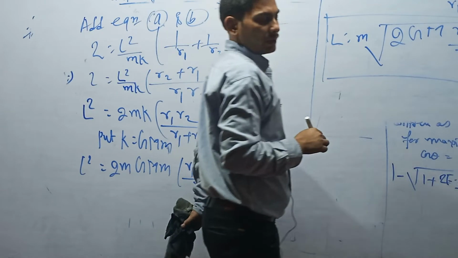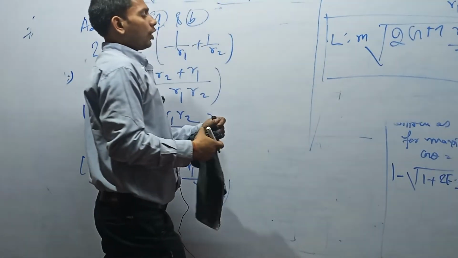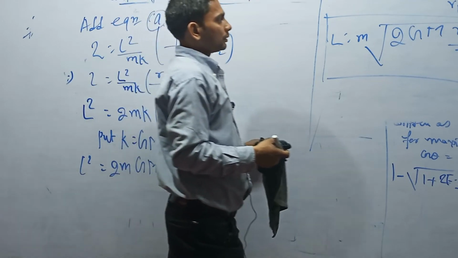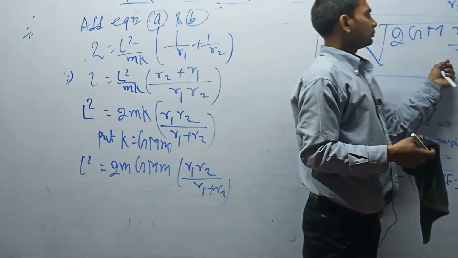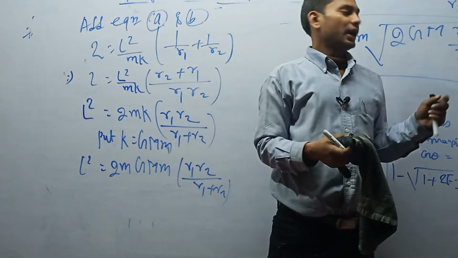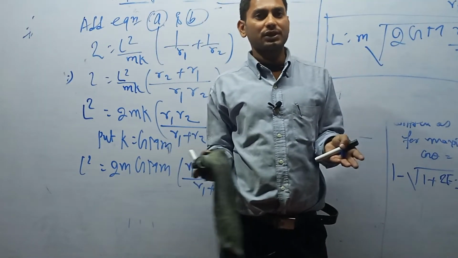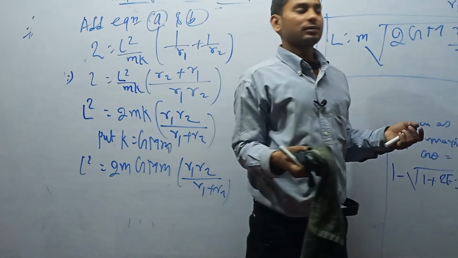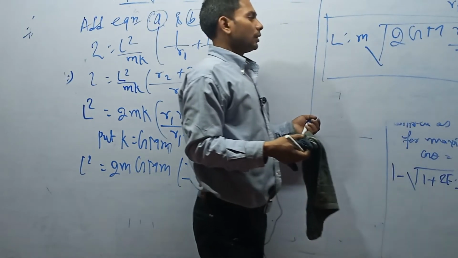This is the angular momentum of the elliptical orbit, where r1 is the minimum distance from the sun and r2 is the maximum distance from the sun. M is the mass of the sun.